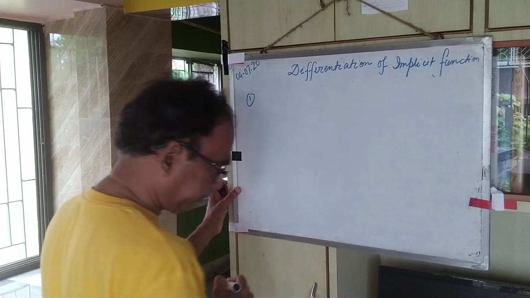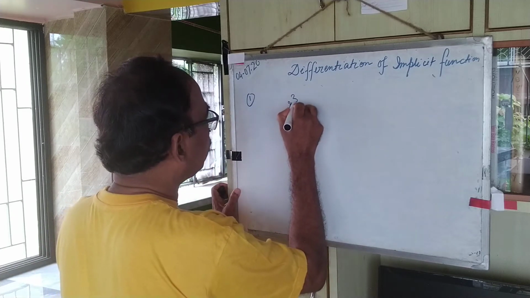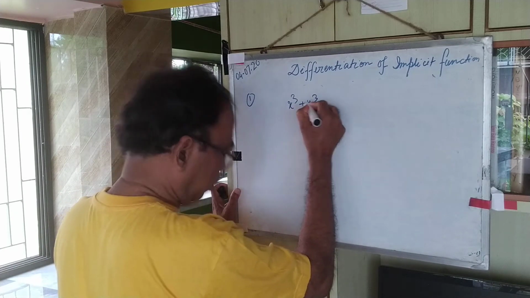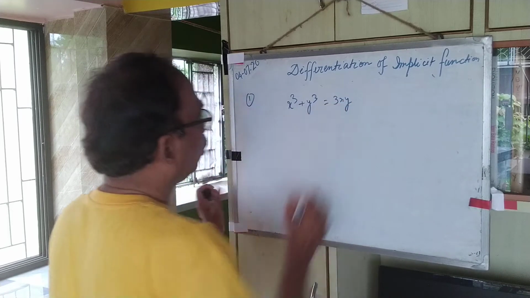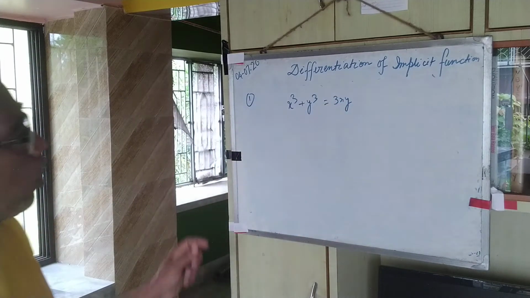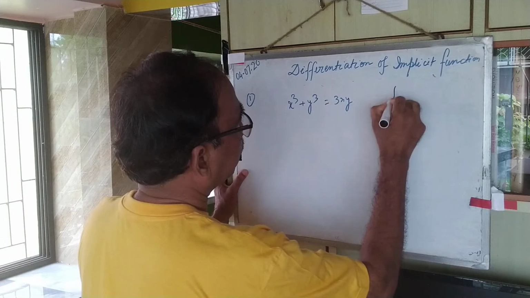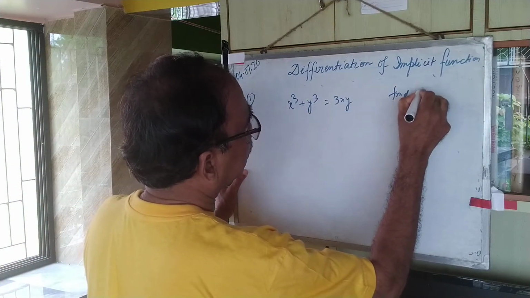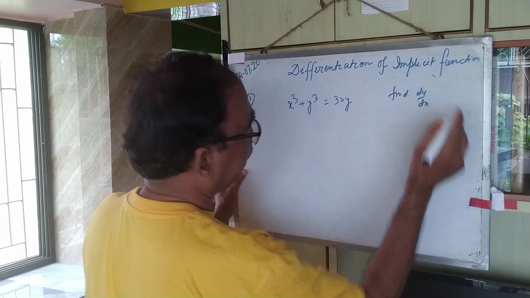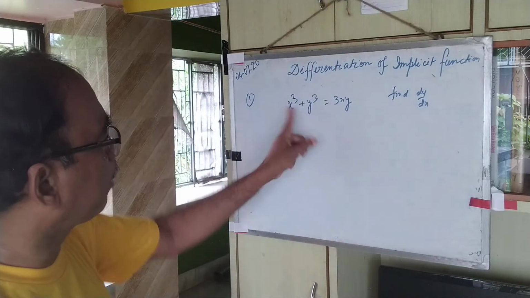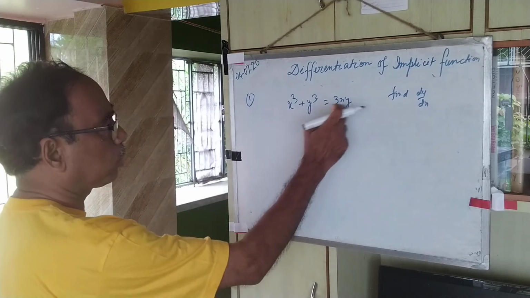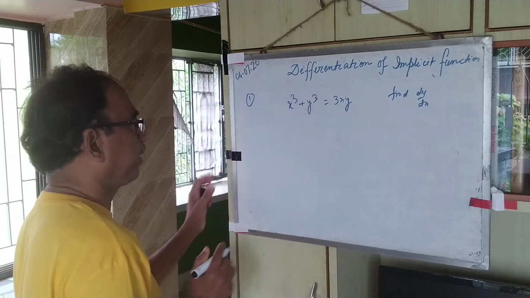Sum number 1. Suppose x cube plus y cube equals 3xy. You have to differentiate it and find dy by dx. Here this is x, this is y; this is an implicit function.